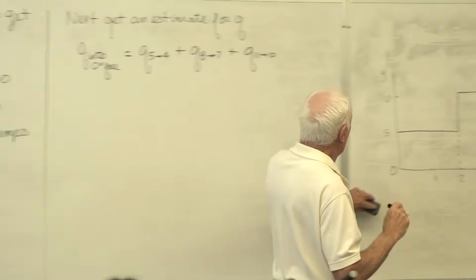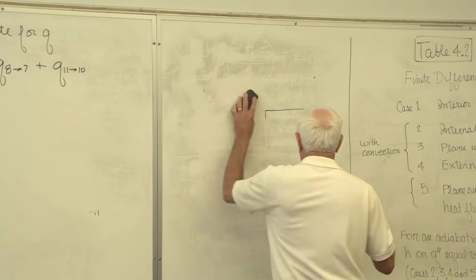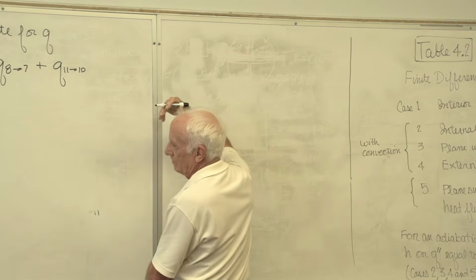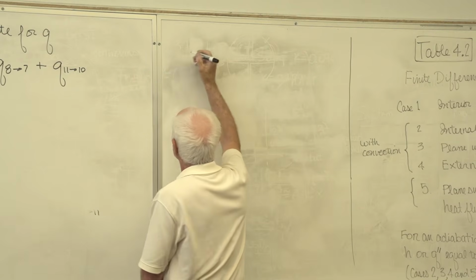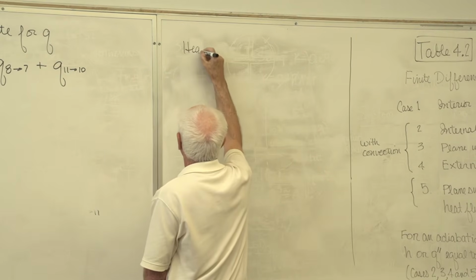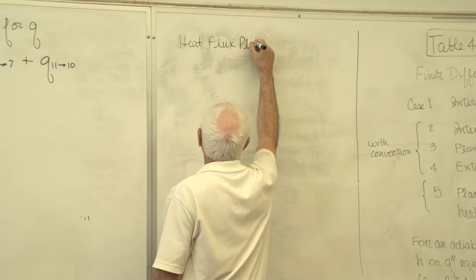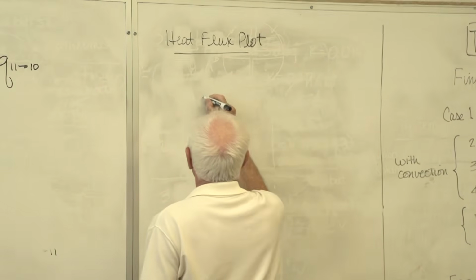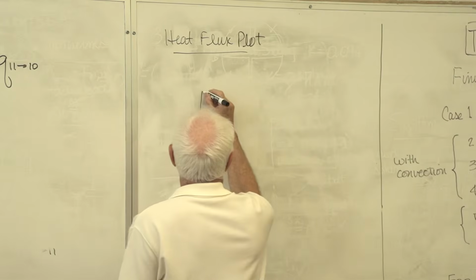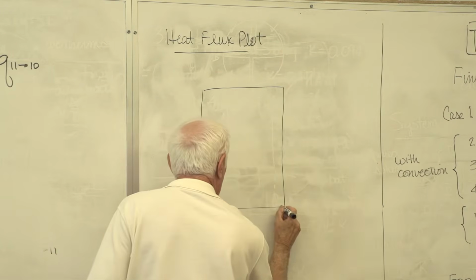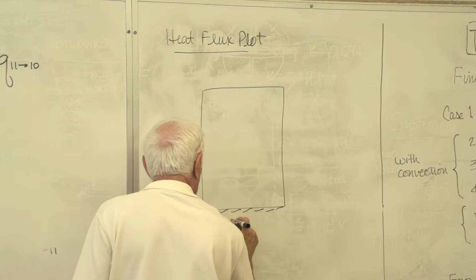Because what I meant to do first was to draw the heat flux plot, just to give you an engineering interpretation of this. Heat flux plot. Okay. So here is our adiabatic surface at the bottom.